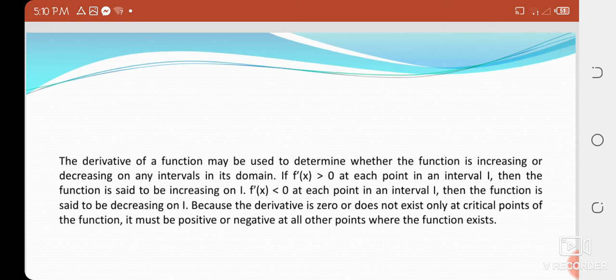If f prime of x is greater than 0 at each point in an interval I, then the function is said to be increasing on I. If f prime of x is less than 0 at each point in an interval I, then the function is said to be decreasing on I. Because the derivative is 0 or does not exist only at critical points of the function, it must be positive or negative at all other points where the function exists.